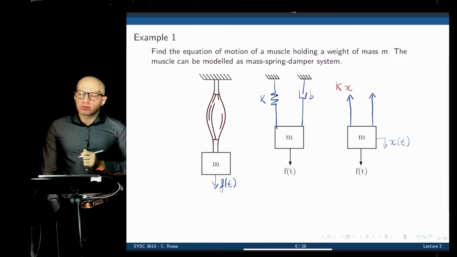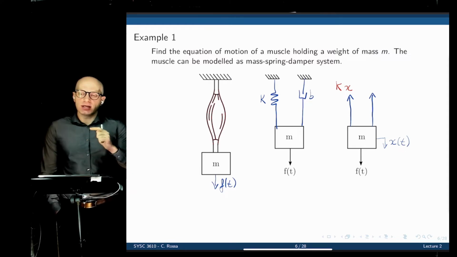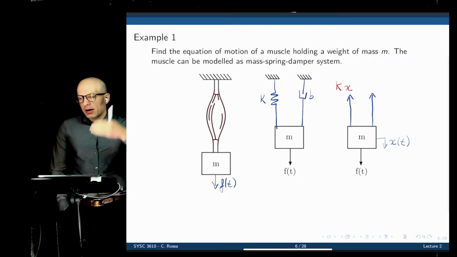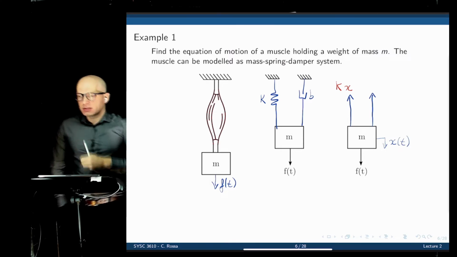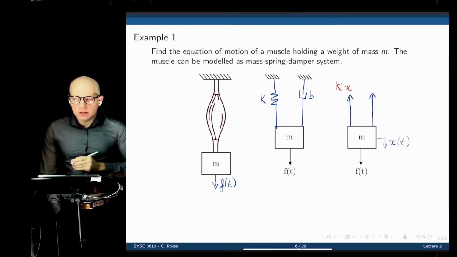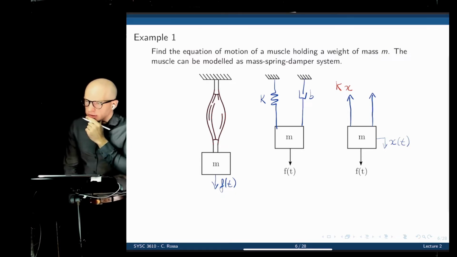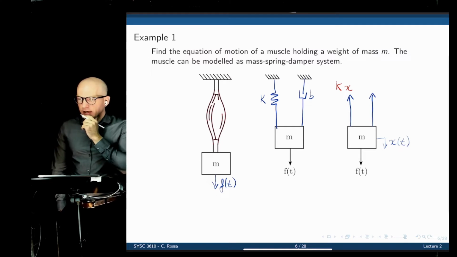What about the damper? What is the force that the damper applies to the mass? Wouldn't it be the weight of the mass, the opposing weight? The weight of the mass does have an effect, but we are not considering gravity.